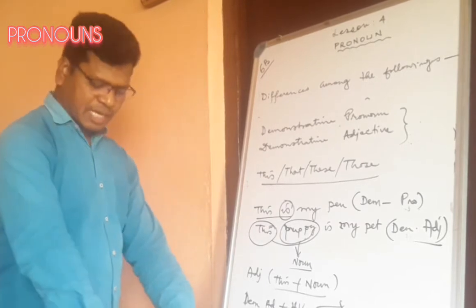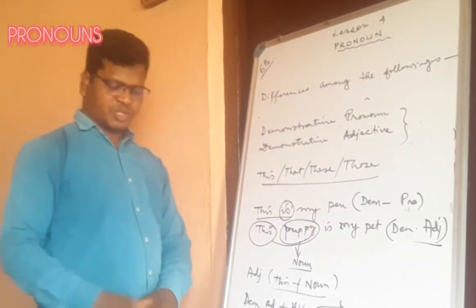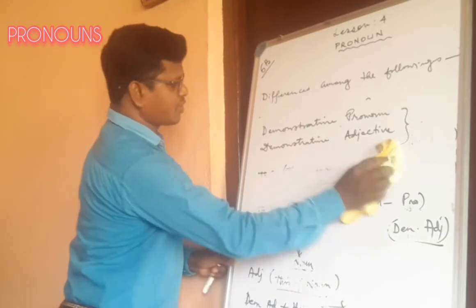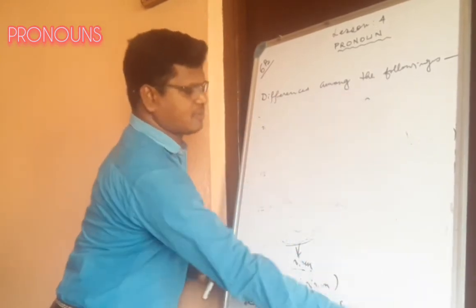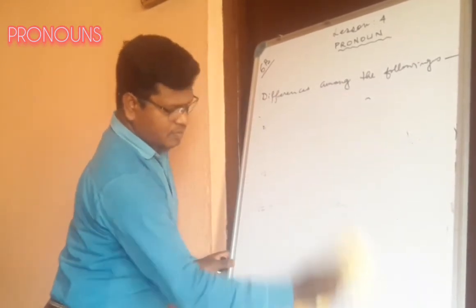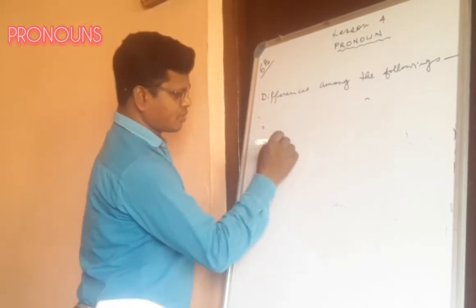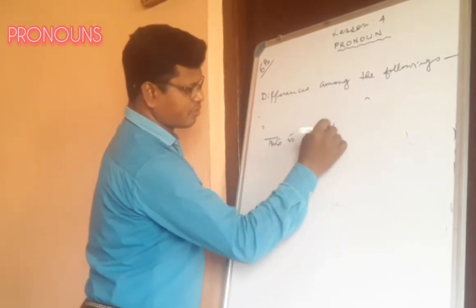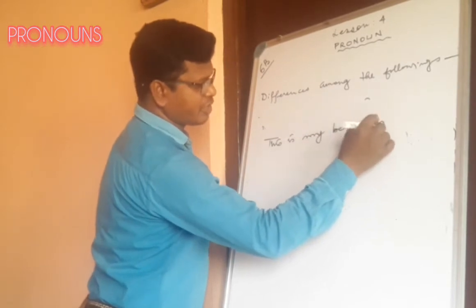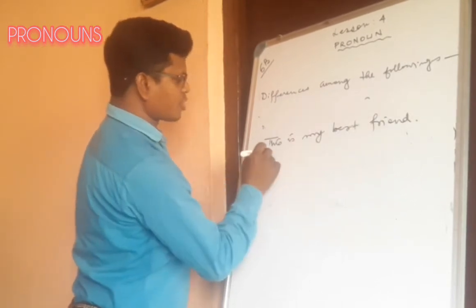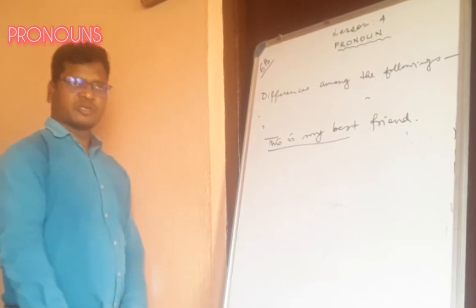Like if I say the example, this is my best friend. When I say, this is my best friend, what is it?